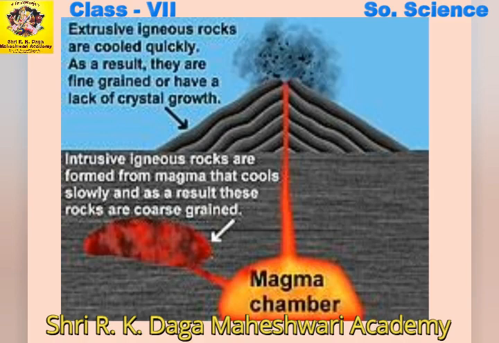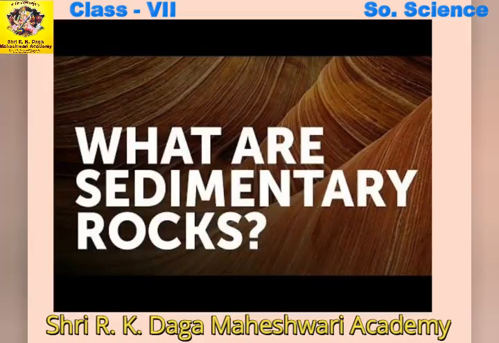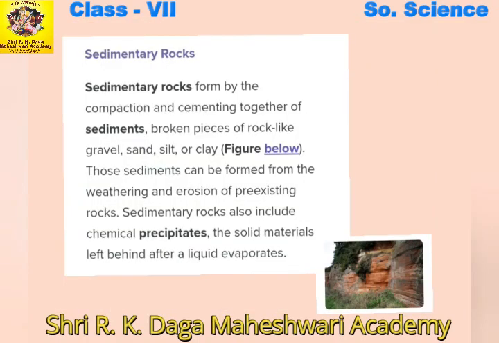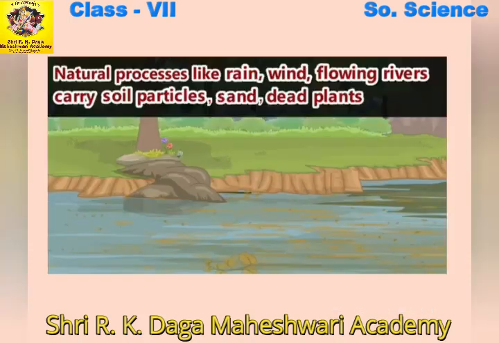Now students, we take the second type of rocks, called sedimentary rocks. The earth's surface is constantly being eroded, which means that rocks break up into smaller pieces due to the action of weathering agents such as wind, water and ice. These small pieces of rock turn into pebbles, gravel, sand and clay.